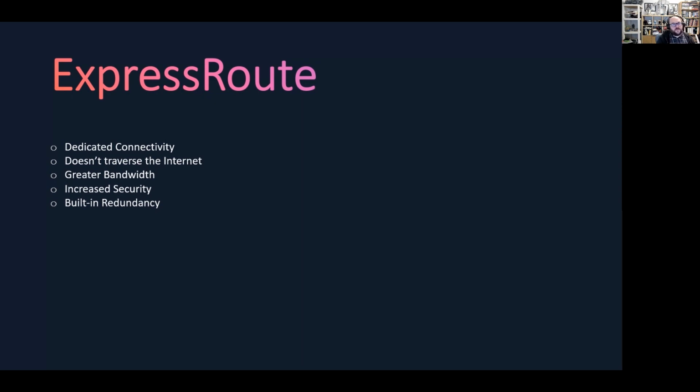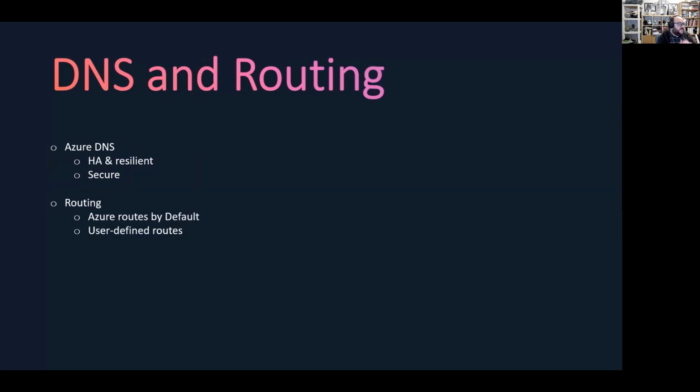So in the last few slides, we've talked about VNETs and subnets and how you communicate from your on-premises network to Azure. But one of the core ways that you actually communicate within, well, networking as a whole, is DNS, or domain name system.